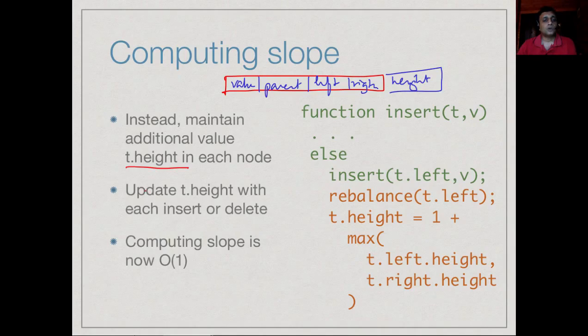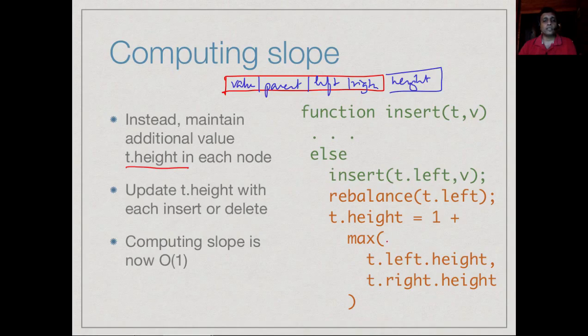Whenever we do any rebalancing, the height of the current node may change. We look at this inductively: we assume that below us the height got set correctly. So we look at the two heights which are locally there, and add 1 to the maximum of the two. This is just looking up one value in each of the two children below, so it becomes a constant time operation. It doesn't require us to traverse the entire tree. As we are rebalancing, we readjust the heights.